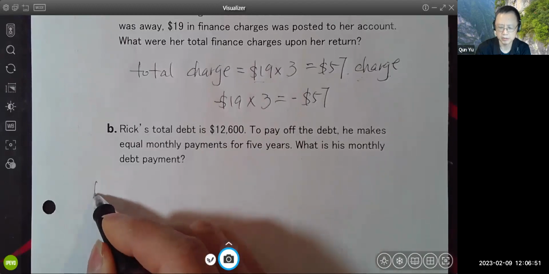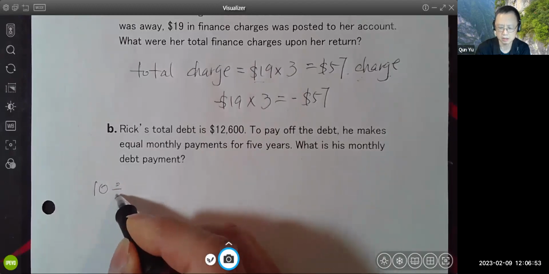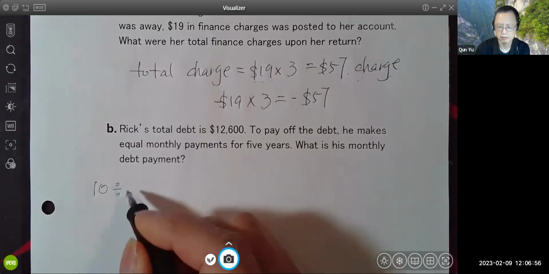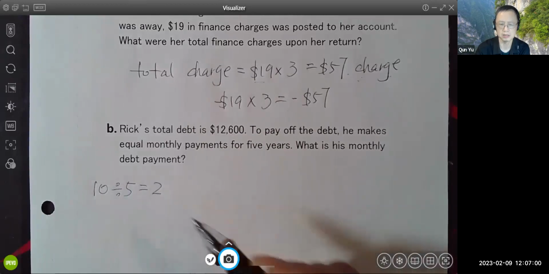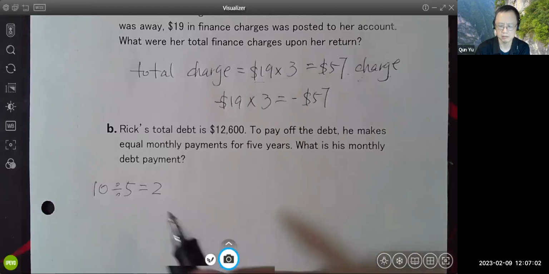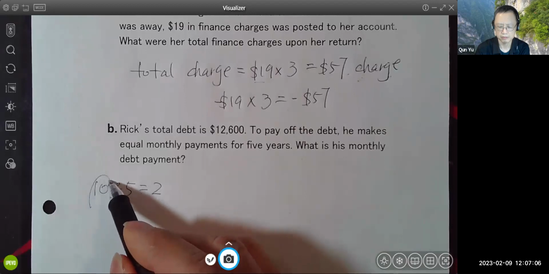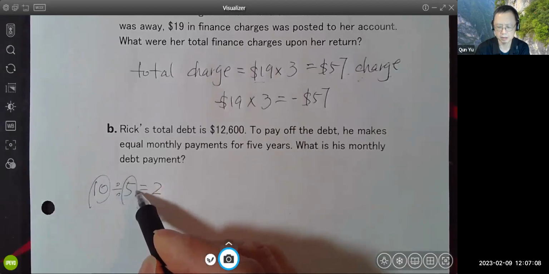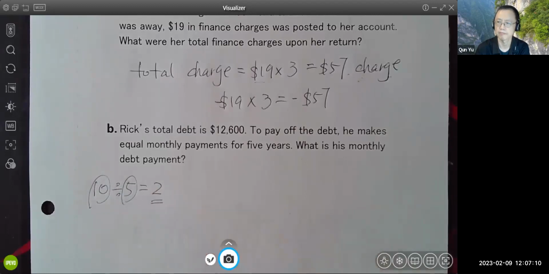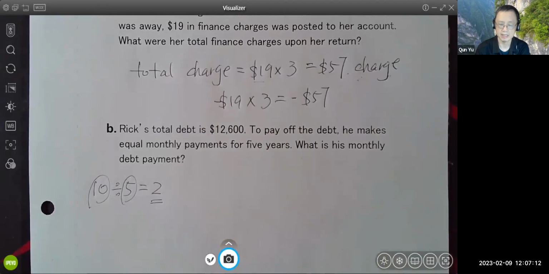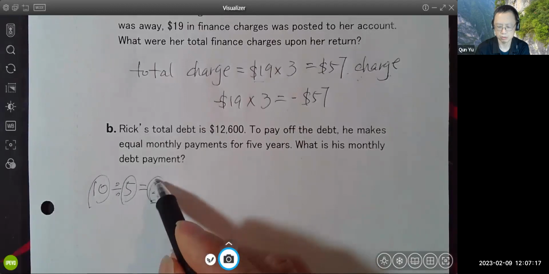So this is the typical meaning of division. Let's look at this analogy here. 10 divided by 5 equals 2. What does it mean really? One of the meanings of division is that you divide the first number into this many parts, and the result is 1 part. So you divide 10 into 5 equal parts, the result is 1 part, 2 is 1 part.